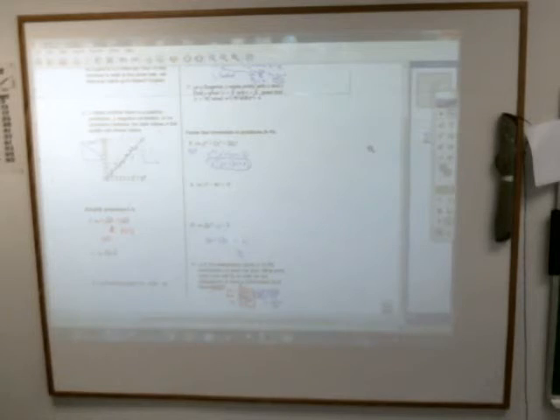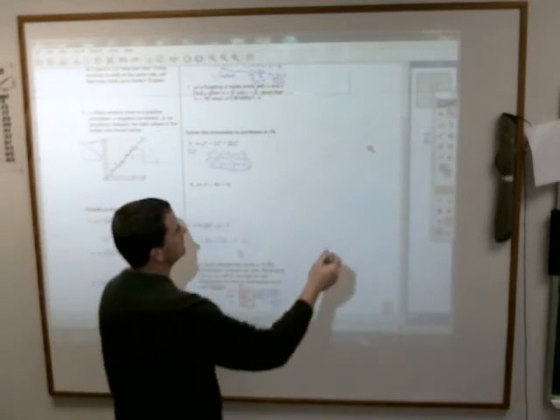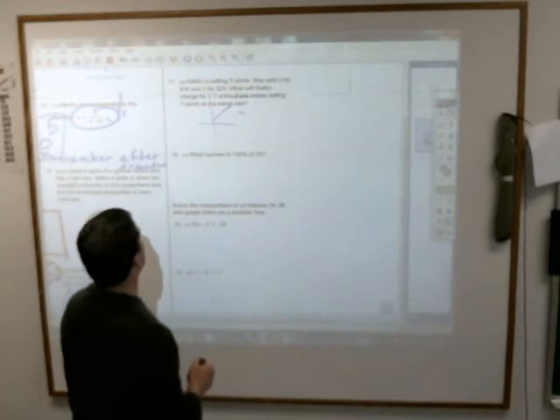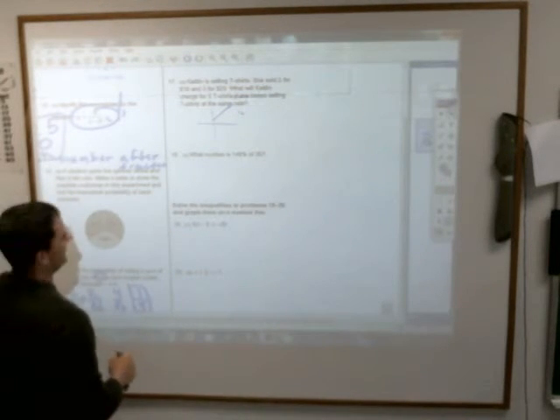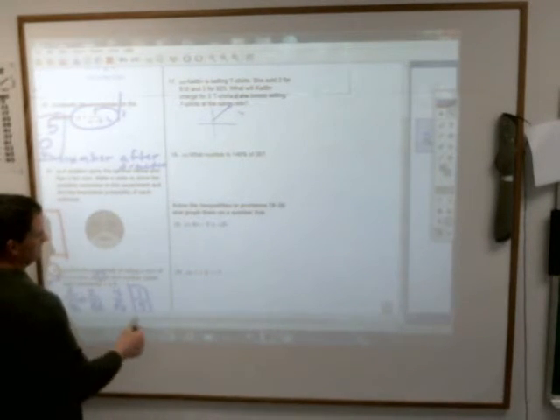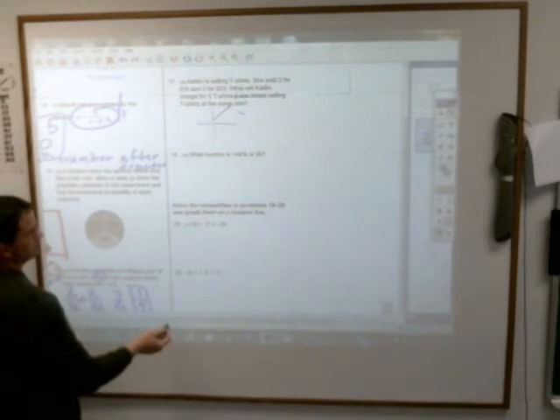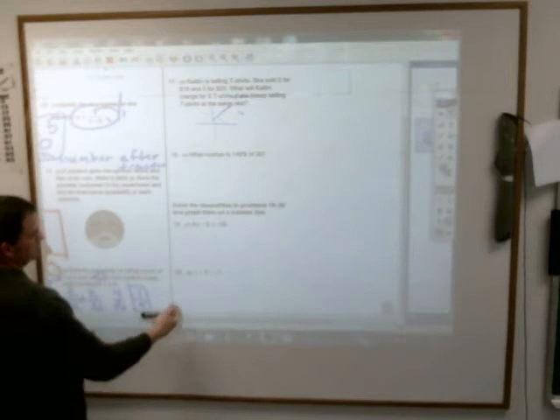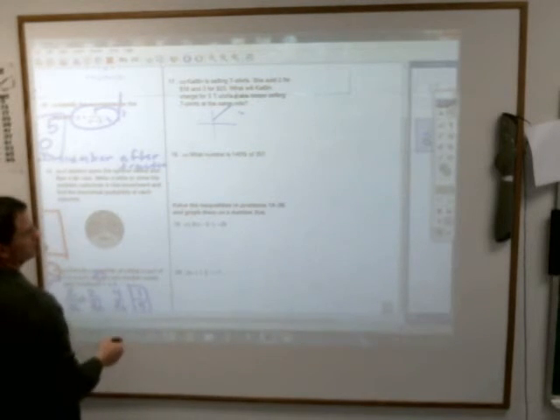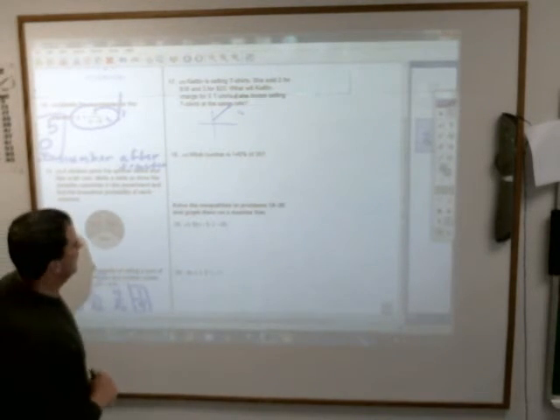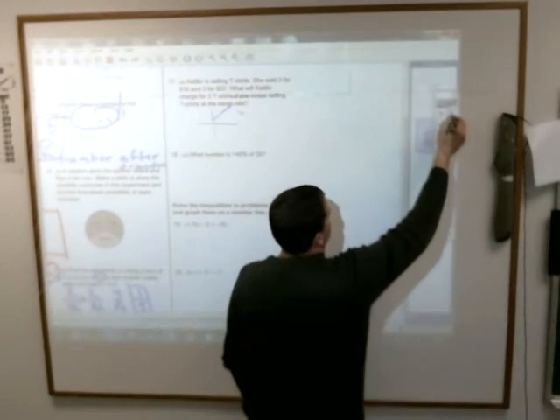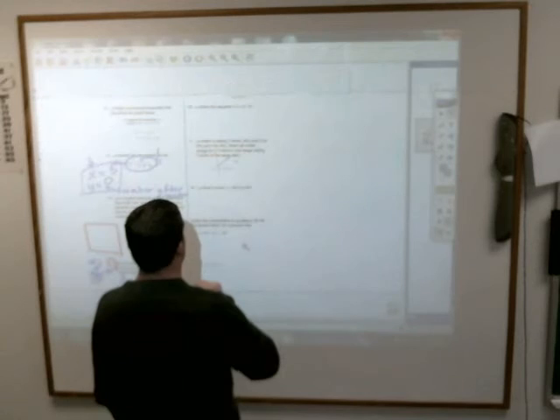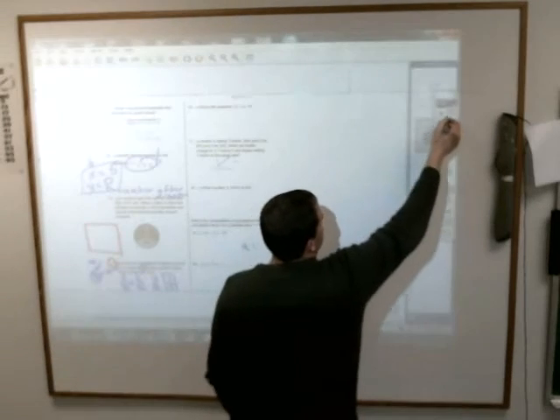Nobody has issues with 4 or 5 or 18. 11 yet? I believe I did for 11. That was the initial one. Solving inequalities. Let me do a number 19, because I'm gonna say some of you got 19 wrong.